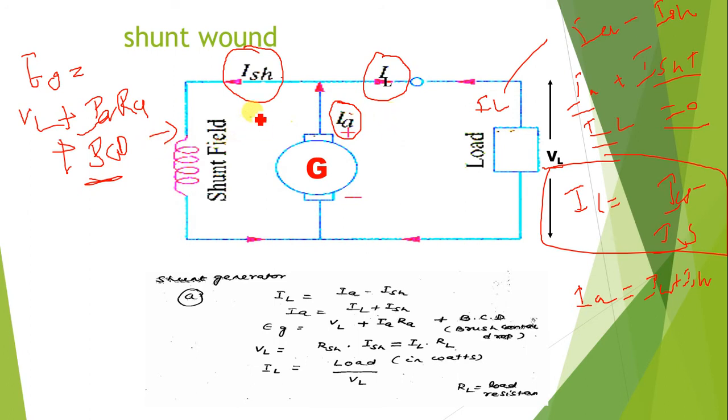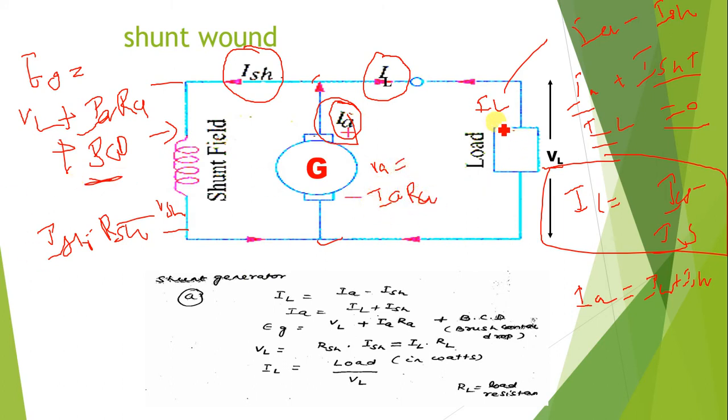Let us check the voltage across this coil, which is Vsh, equivalent to Ish into Rsh. Similarly, the voltage across this generator is Va, which is equivalent to IaRa.